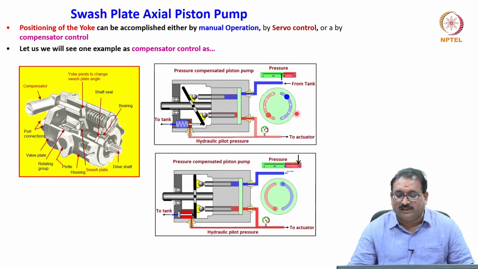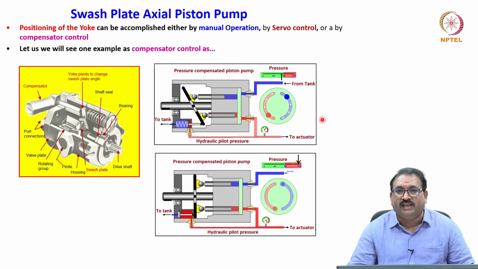At that time the outlet is receiving the complete flow, because setting 75 means what? It is for the required angle, maximum angle. You will see this is a compensator spring. Please remember, from the actuator I am monitoring the pressure, meaning this is a hydraulic pilot pressure.